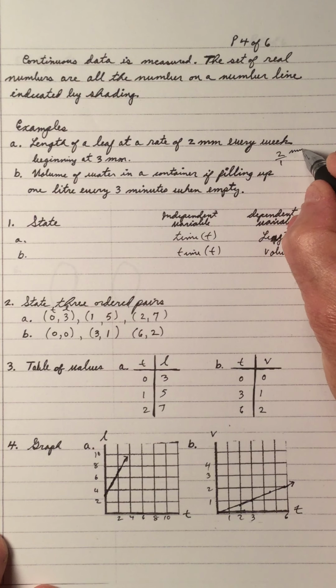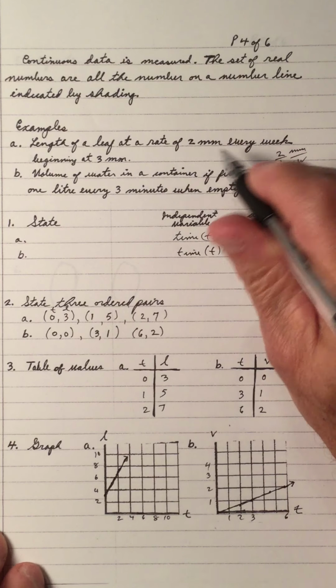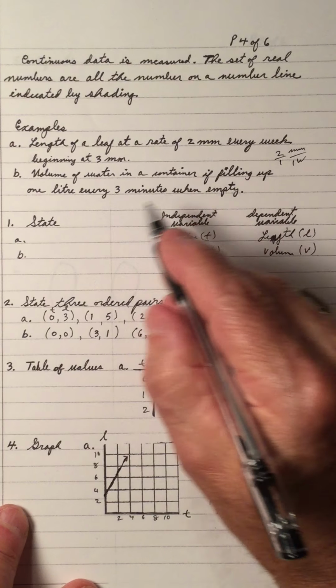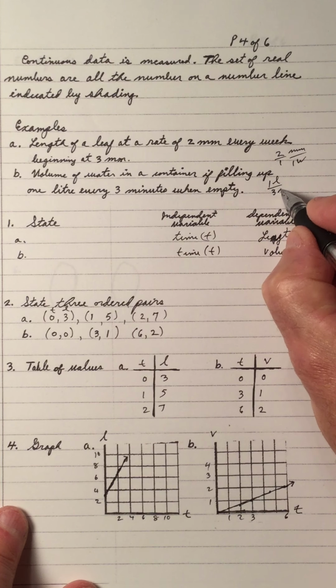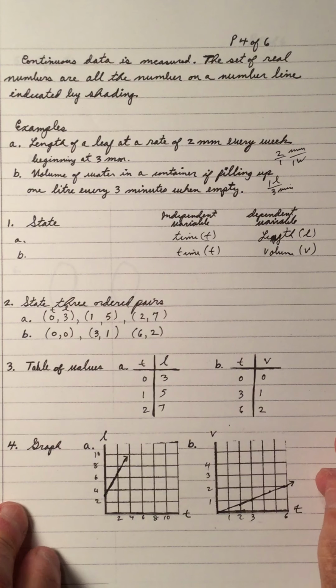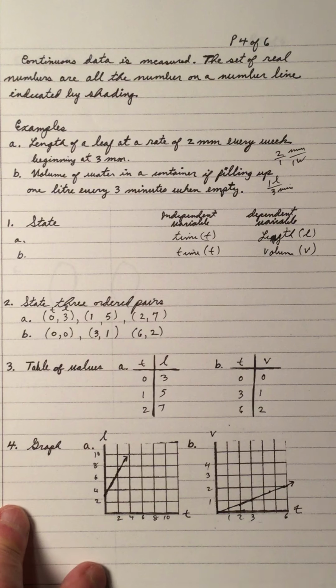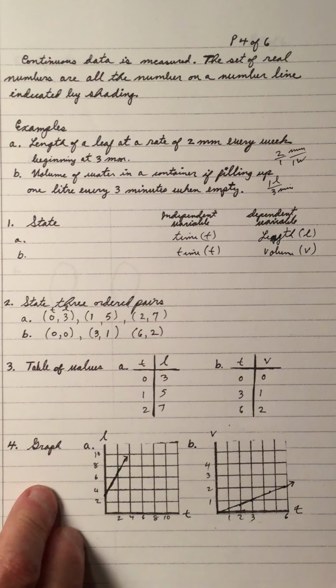So that's your rate. Rate is your slope. Right here it's filling up at 1 liter every 3 minutes. Again, that's a slope: a rise of 1, a run of 3. But the rise is in terms of the volume, and the run is in terms of time.